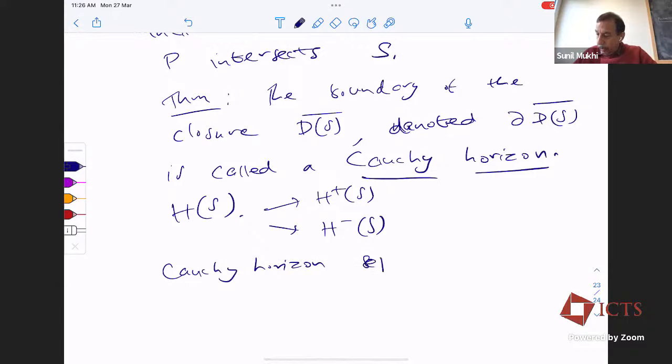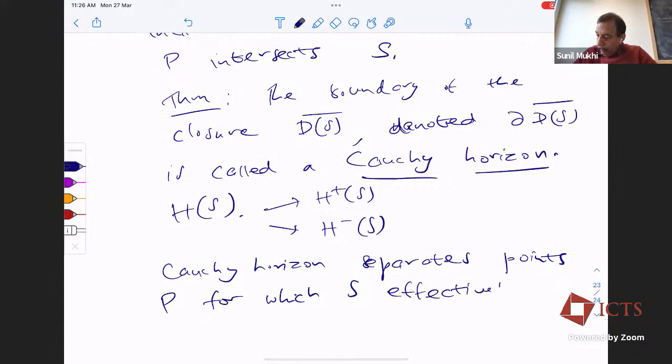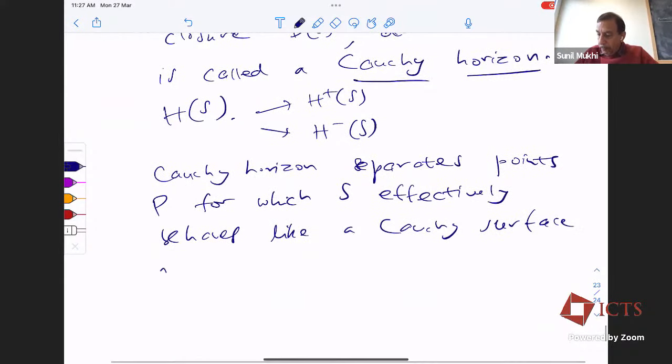It separates points P for which S effectively behaves like a Cauchy surface from those for which it doesn't.